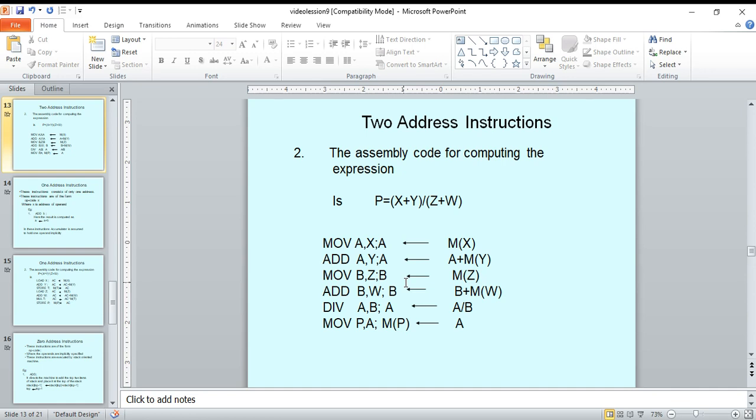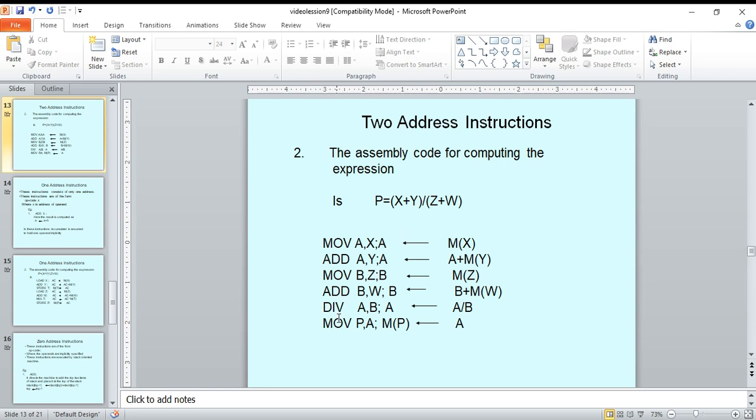Now the A register holds the value of this one, the B register holds the value of this one, and those are the registers which hold the data. So we have to perform the division operation between these two register values. For that we write the instruction like this: DIV.